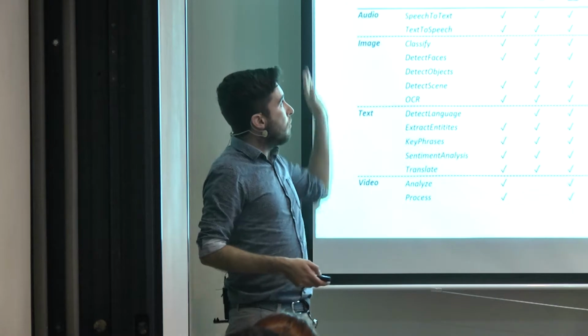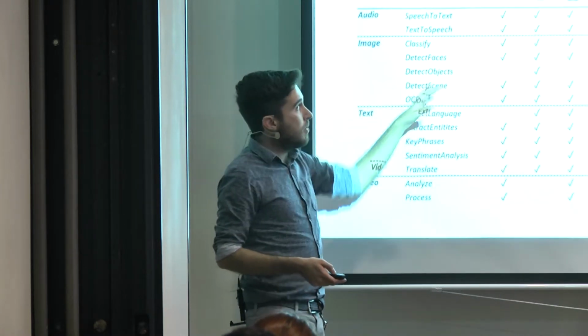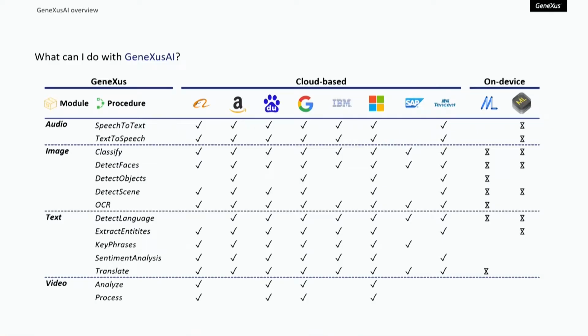Then if you look at the columns, you'll see the providers, those based in the cloud. The ticks are marking the facilities available. And then the last two columns are on devices for mobile devices. I'm sorry, he corrects himself.